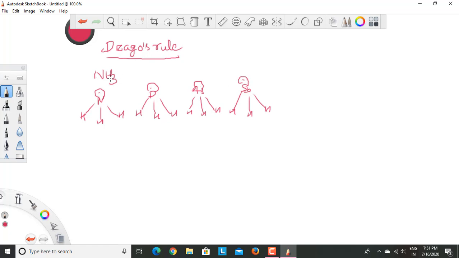So if you see NH3, if you want to find the hybridization, then you can apply the formula. Steric number is equal to surrounding atom plus half into ground state valency electron of central atom minus valency of surrounding atom plus or minus charge if any.